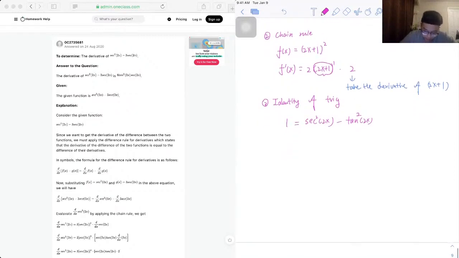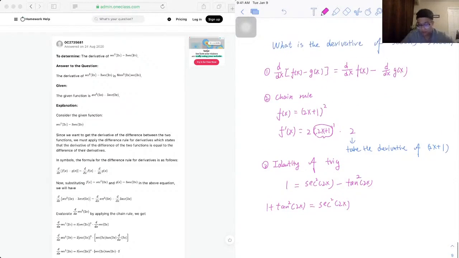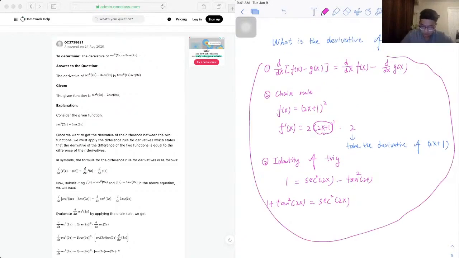And we can always play it around, so this is also equal to 1 plus tangent squared 2x equals secant squared 2x. All right, so by knowing these three, let's go back to our question.